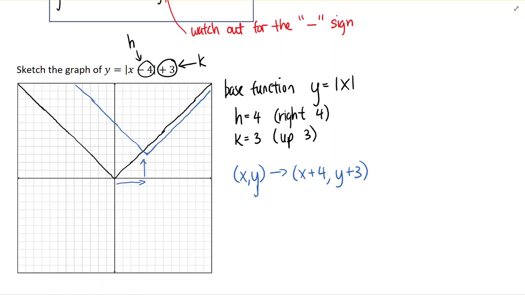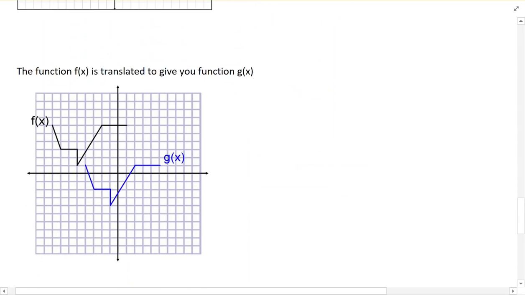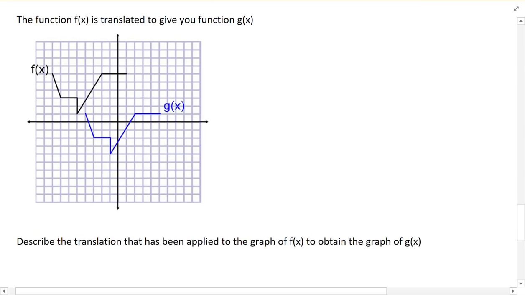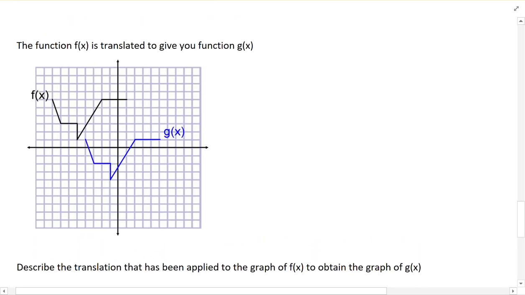Okay, so now that we've gone from function to graph, we're going to do an example where we're going the other way. So the function f of x is translated to give you g of x. Since f of x is our original, how did one get to the other?